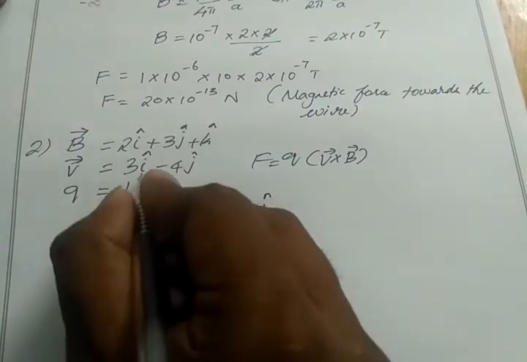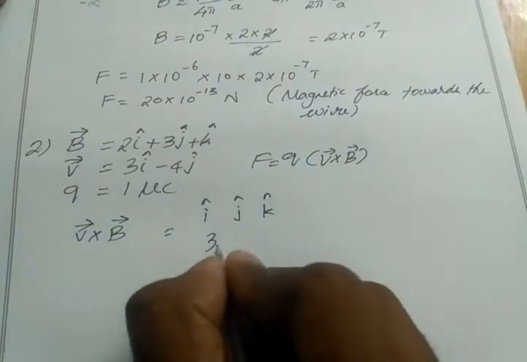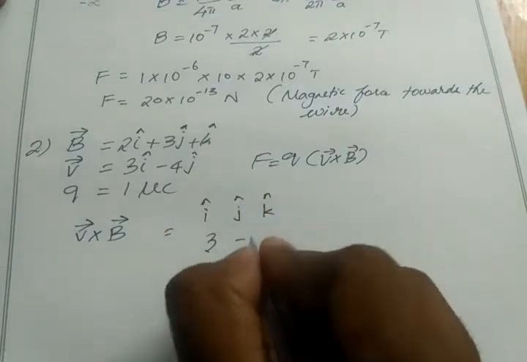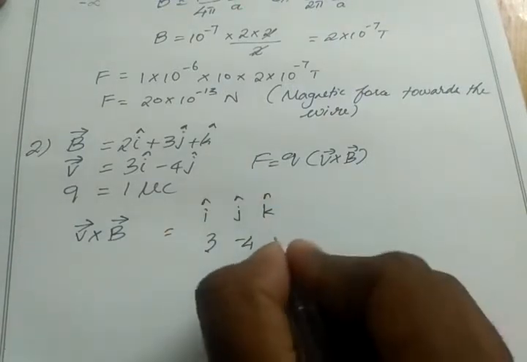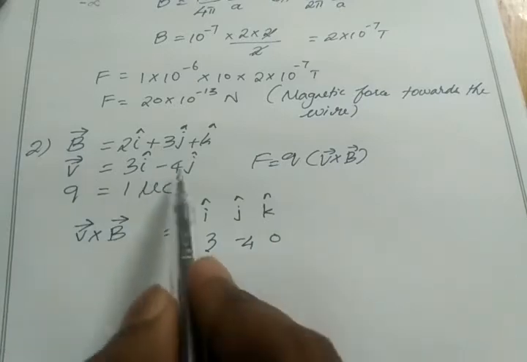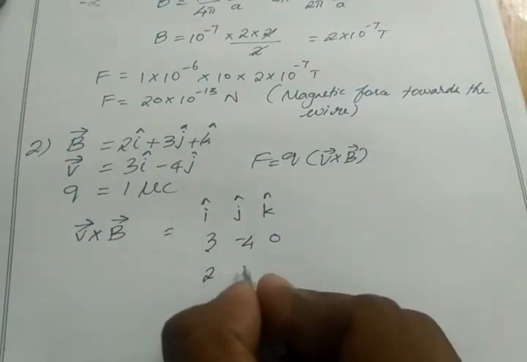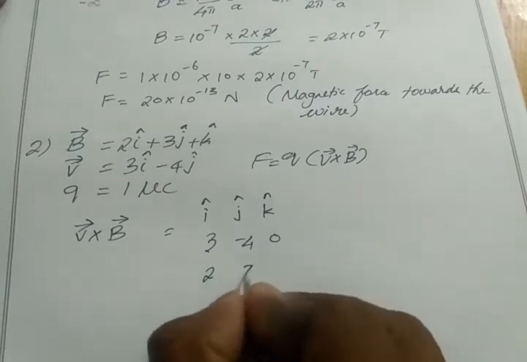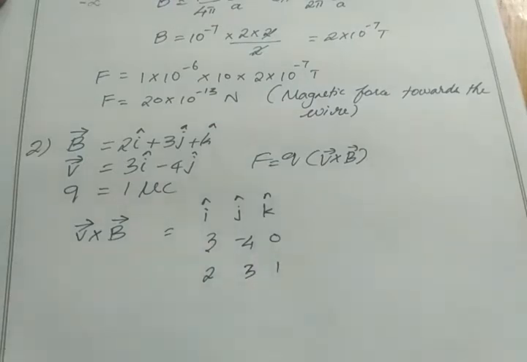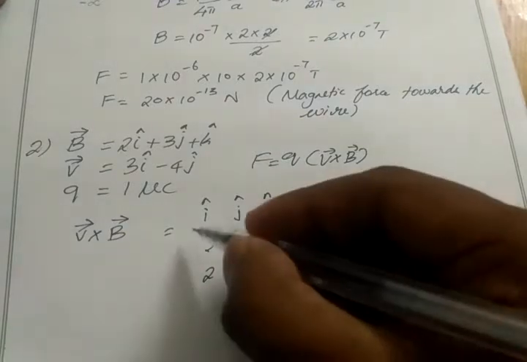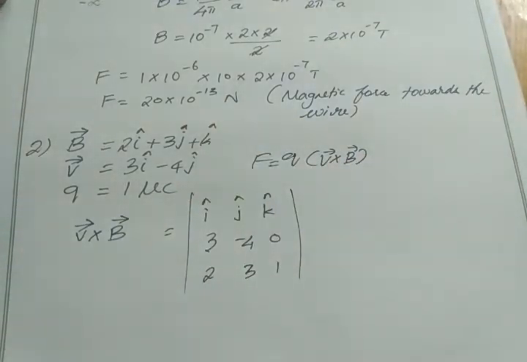In i vector I have 3, j vector I have minus 4, k vector I have 0 for V. Okay, for B, i vector 2, in j I have 3, k I have 1. Okay, so do this multiplication.